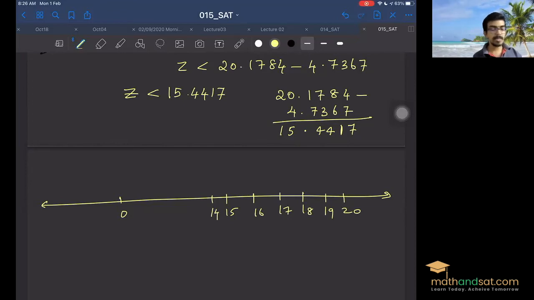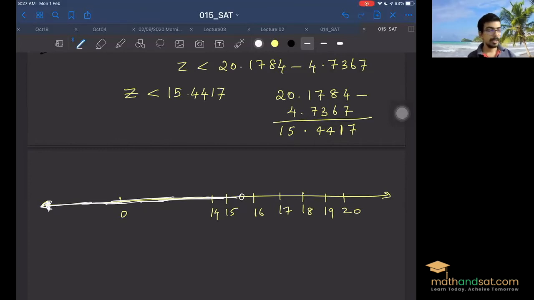It says z is less than 15.4417, so that is some number somewhere here. So our solution set will be in this way.